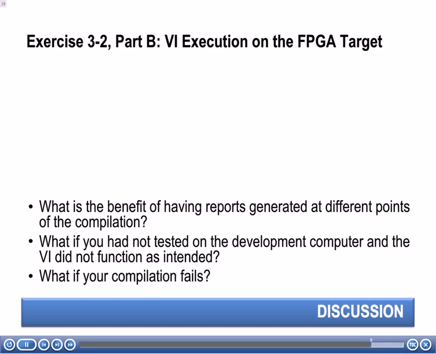For example, if you look at the estimated device utilization very early on and it's way greater than 100%, you might want to cancel that compilation because there's a high chance it'll fail. Then you can go back to your FPGA VI, modify it to be more optimized and use fewer resources, and start the compile again, instead of going through the whole compilation process just to see it fail.